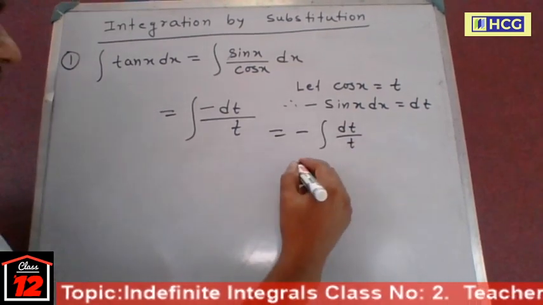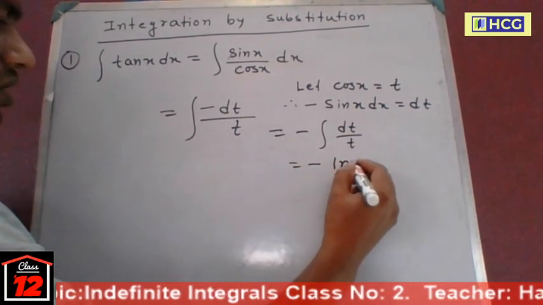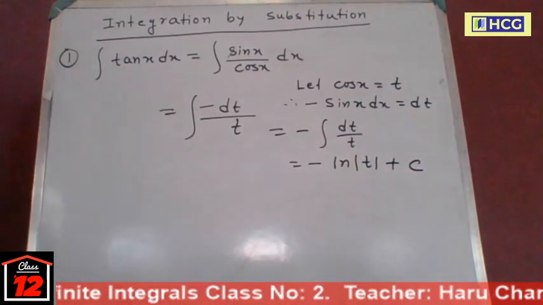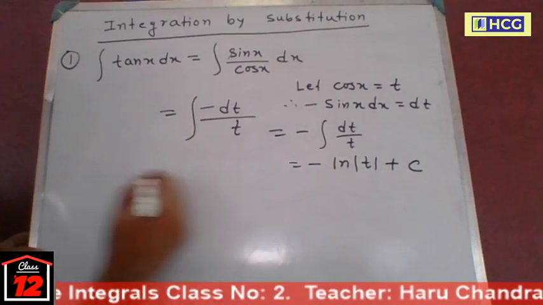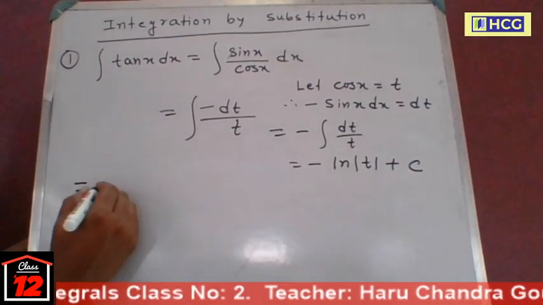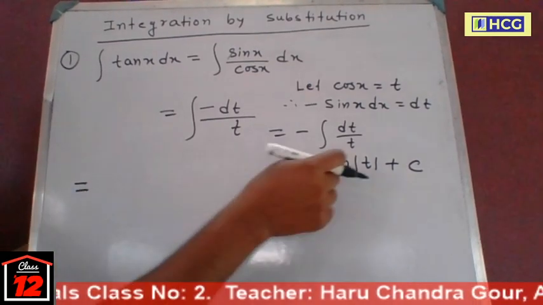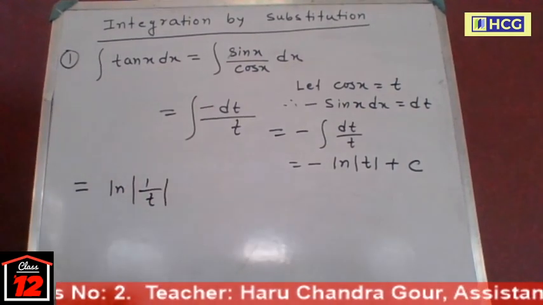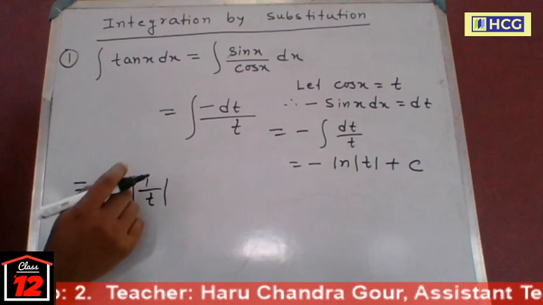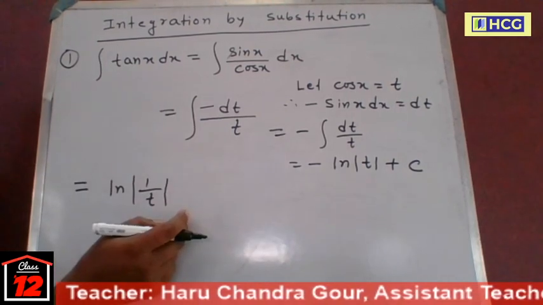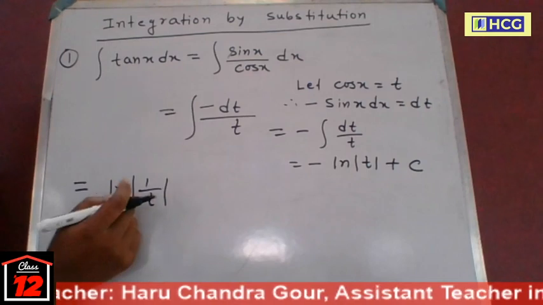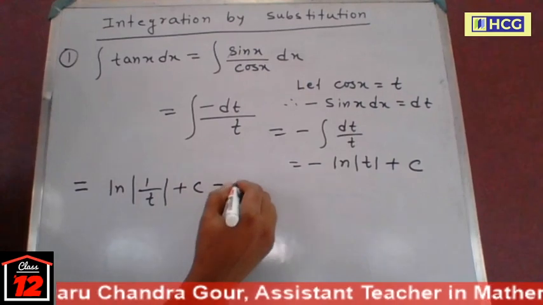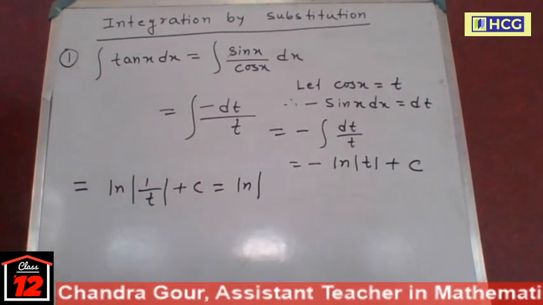Integration dt by t, minus is common, is ln mod t plus c, where c is an integration constant. Now this equals minus ln mod t, which is ln mod of 1 by t, since log 1 is 0, so 0 minus log t is minus log t. So ln mod of 1 by t plus c. Ln means log with base e.